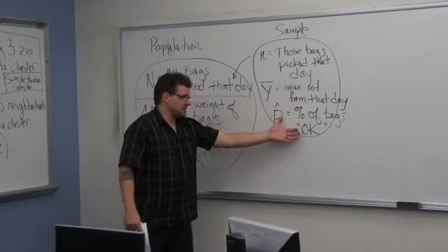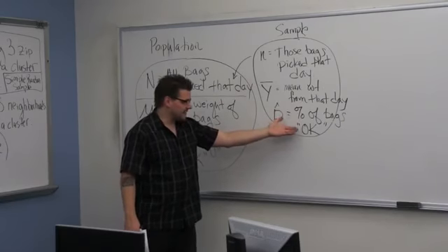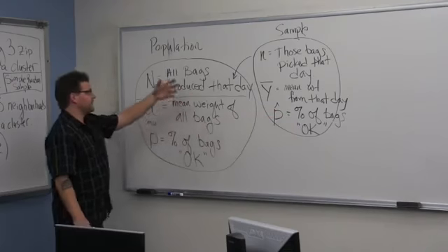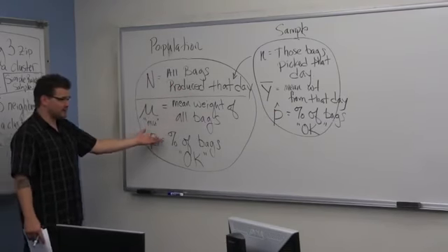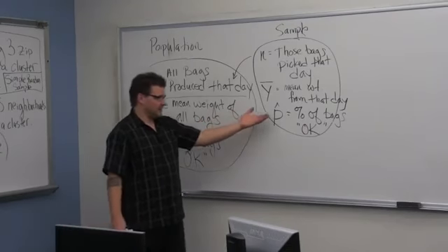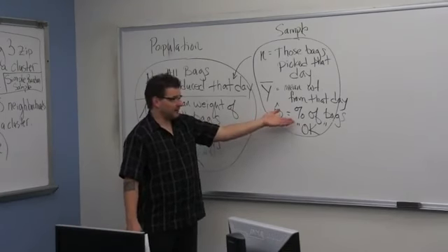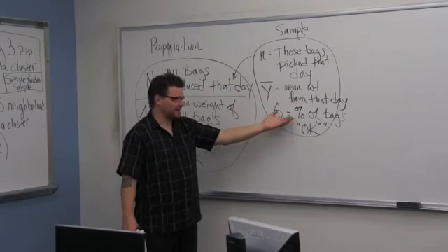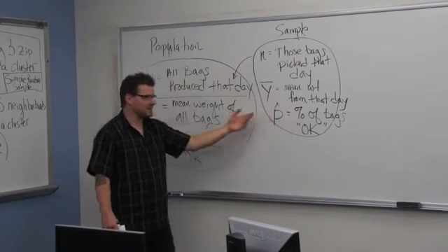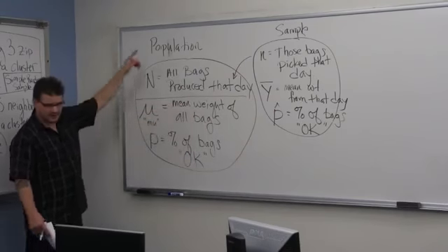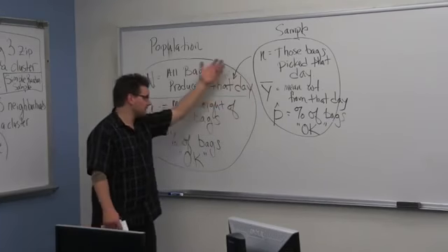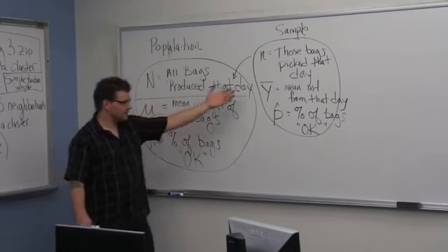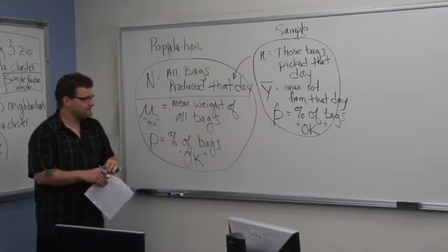If this is 100% or high 90%, then we'd probably feel fine that in the whole population things are working smoothly at the plant. You know, if this is, say, 3 out of the 8 bags that were selected, there's a ton of broken chips, then they're probably going to look for problems in the population, right? We're gaining clues about the nature of the whole population from the sample.